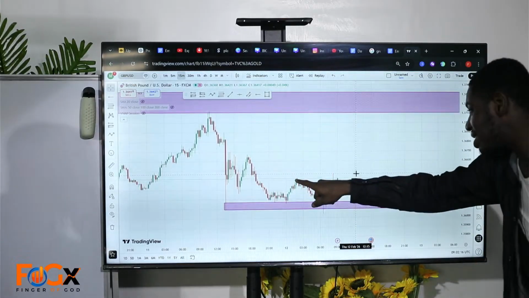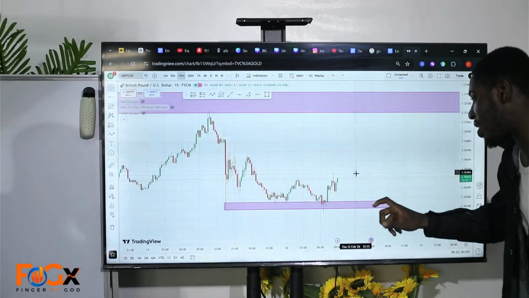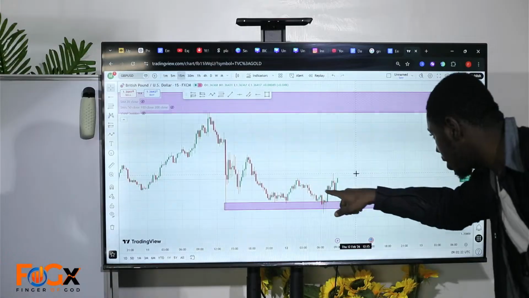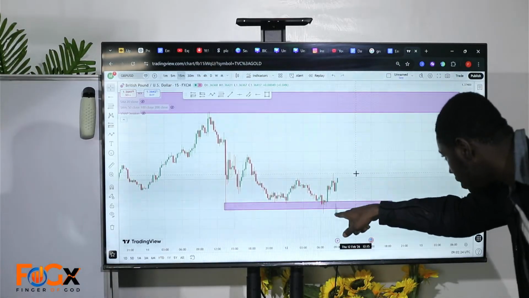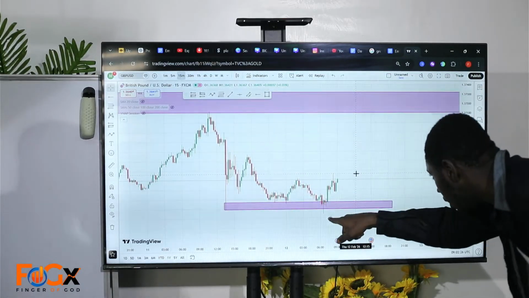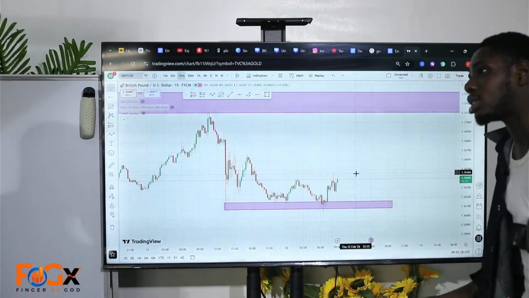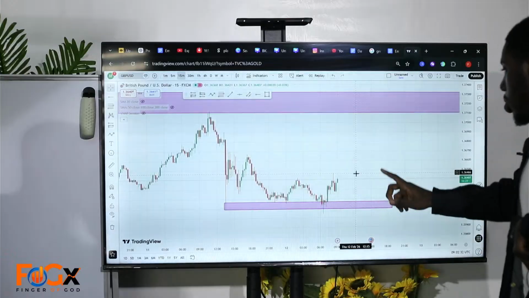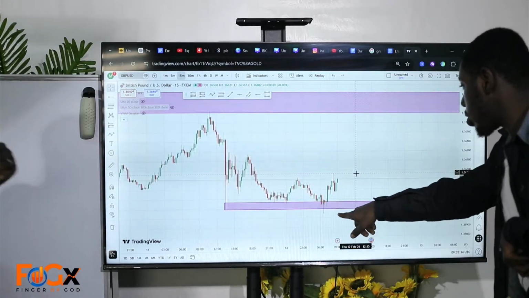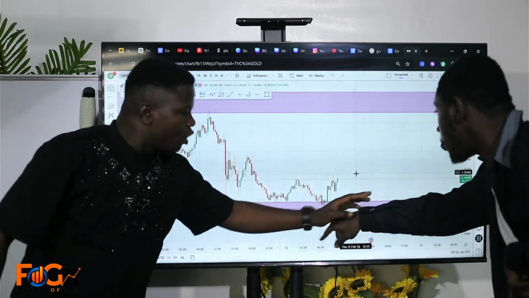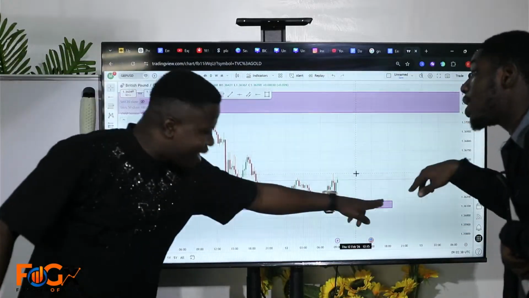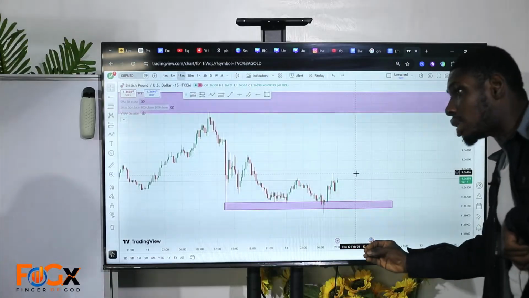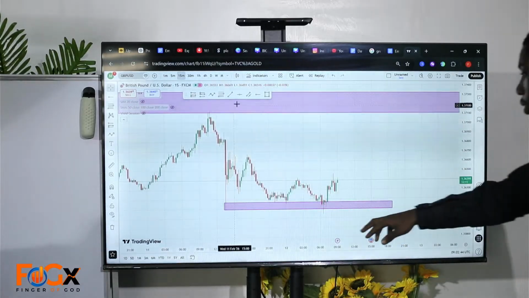As price is rejecting, if I'm thinking of selling, since this high has been taken out, I will wait for price to break this key zone and close below it to take my entry for a sell. In a nutshell, if price breaks this zone and closes below it, I will look for a sell.